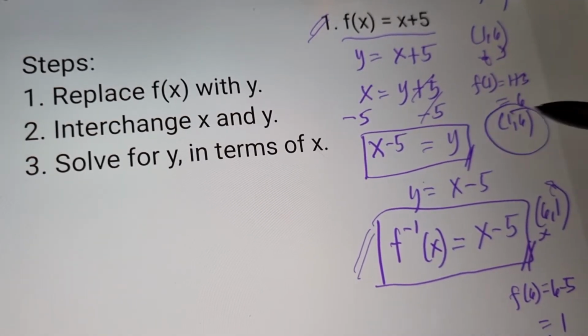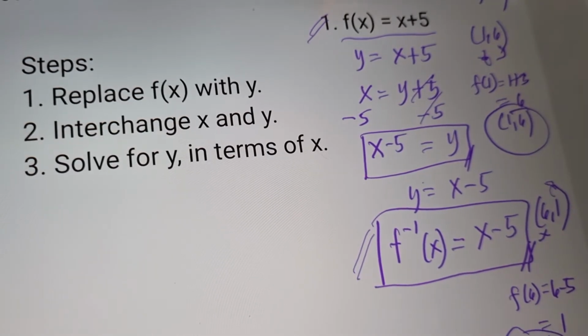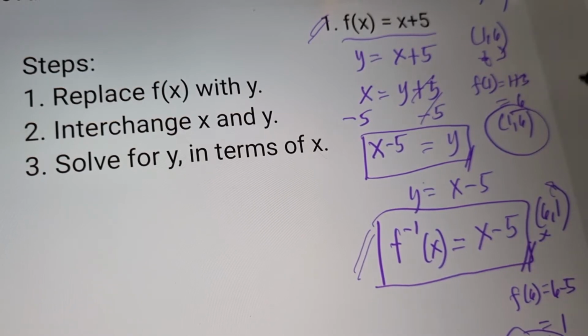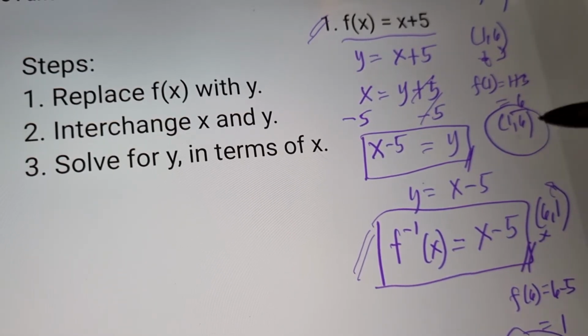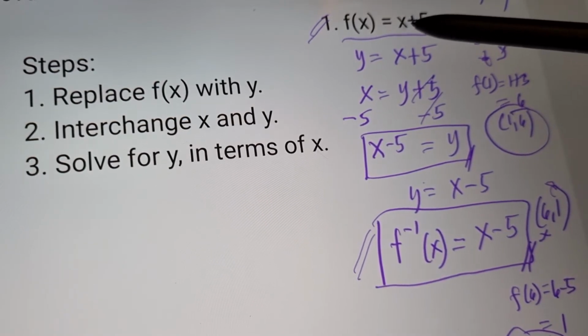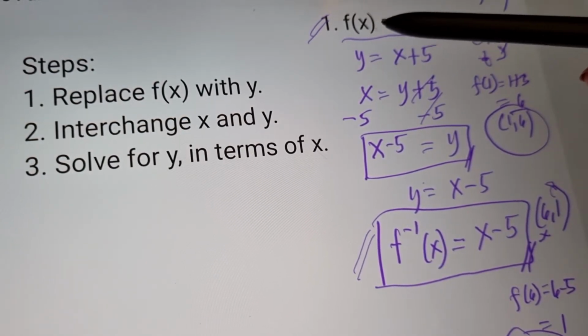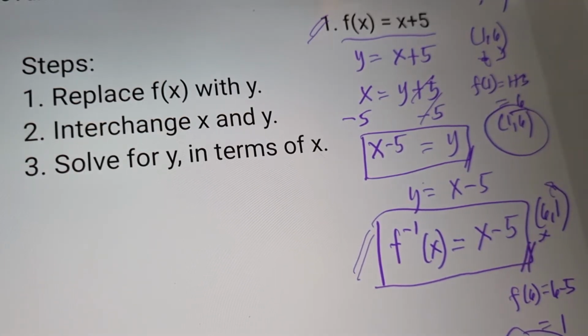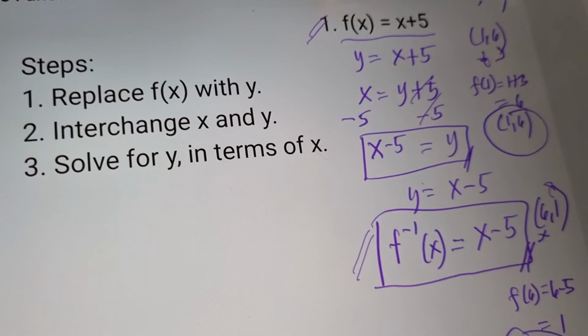So 1, 6 and 6, 1. They switch positions. The domain becomes the range. Now, you can do the graphing if you want. Try to assign one or two more values for these two functions, then graph, and you can see that their graphs are just mirror images.